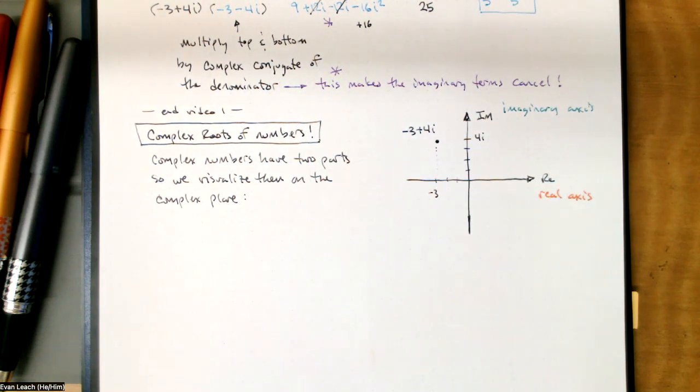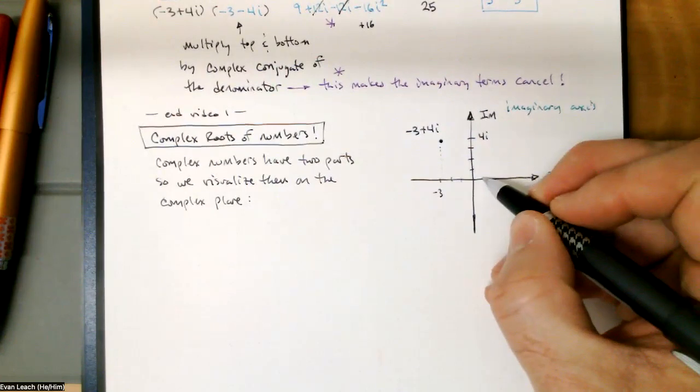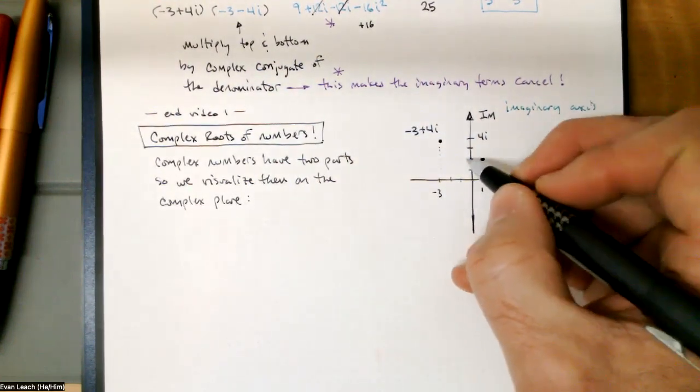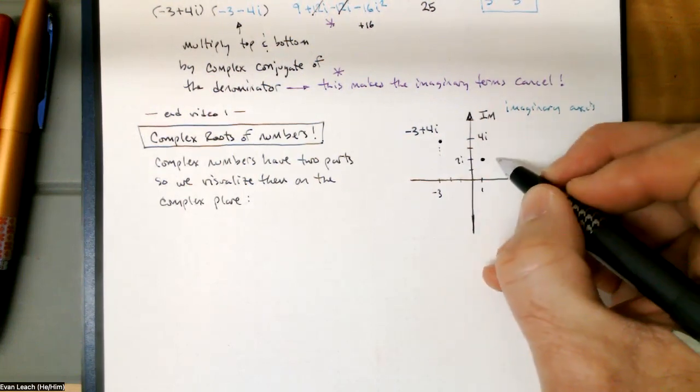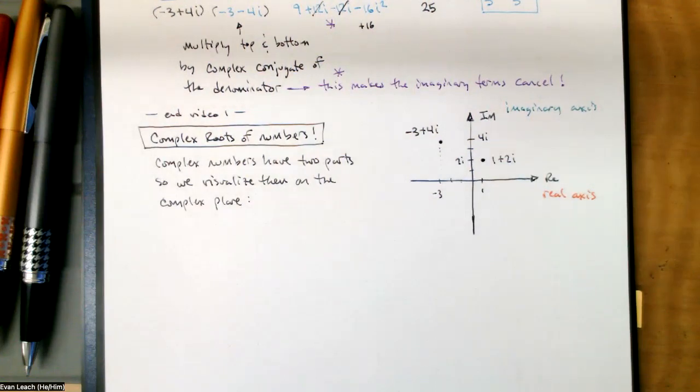The number 1 plus 2i will have a 1 on the real axis and a plus 2 on the imaginary axis. We're visualizing a number with two parts, so we just make two axes and plot the two parts.